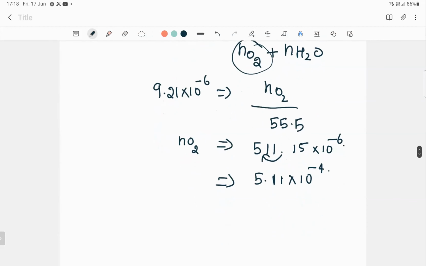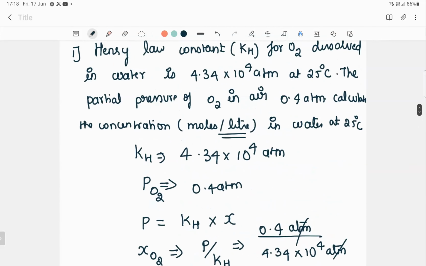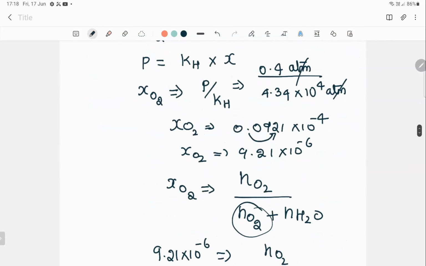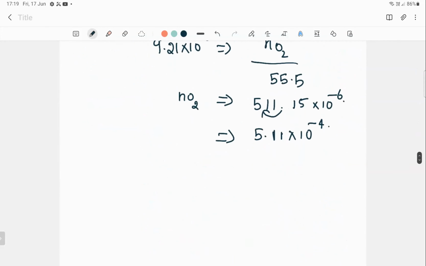Finally you have to calculate. They have given in the question the concentration in moles per liter, which means you need to calculate your molarity. Molality means it is the mass of the solvent in kilogram; here it is given. It's very simple.